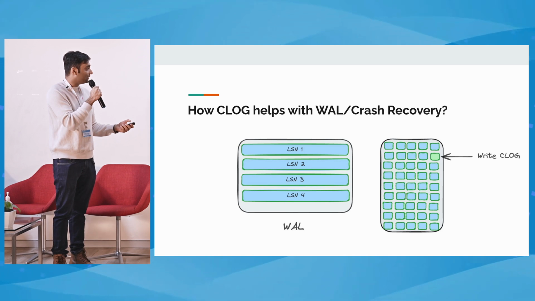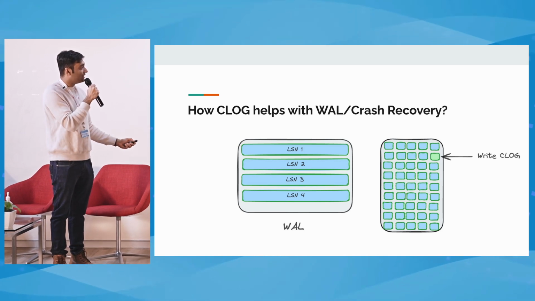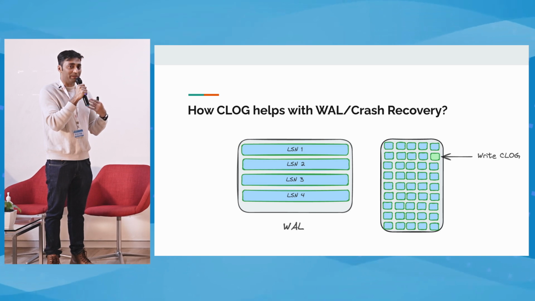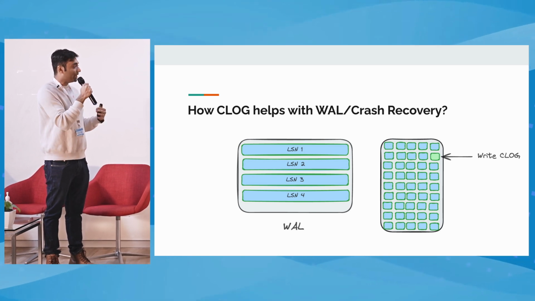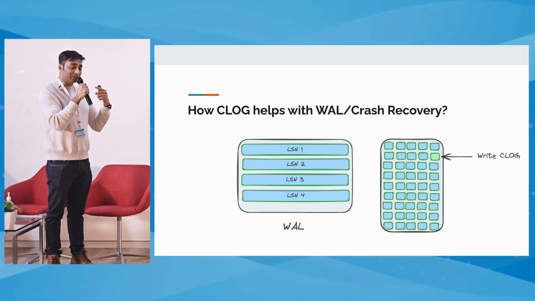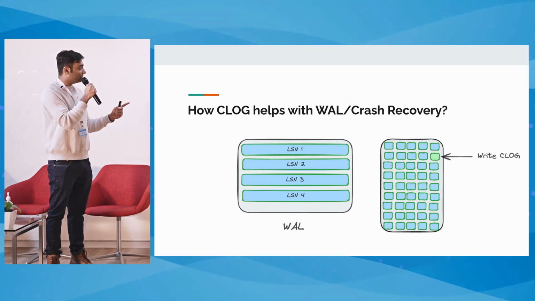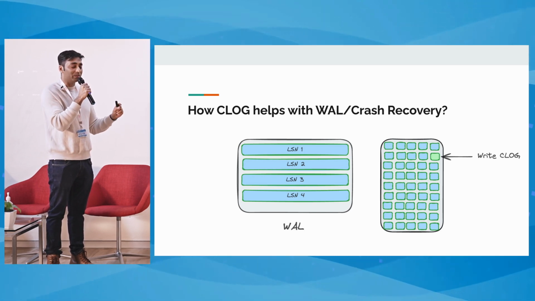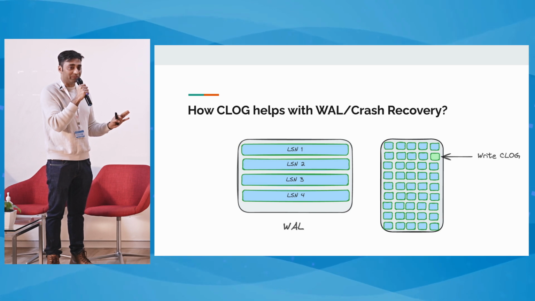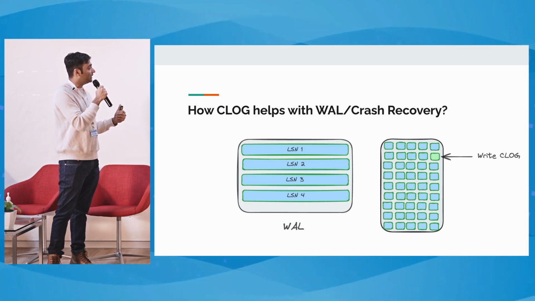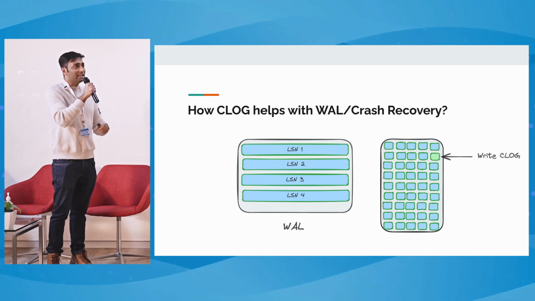Now, for example, something was flushed to WAL, but it wasn't flushed to CLOG, and my database restarts or my load fails. Whenever the crash recovery happens, from the crash recovery's point of view, commit log is the source of truth. If something is there in WAL but not in the commit log, it is considered to be an aborted transaction. So that's how commit log helps in crash recovery.